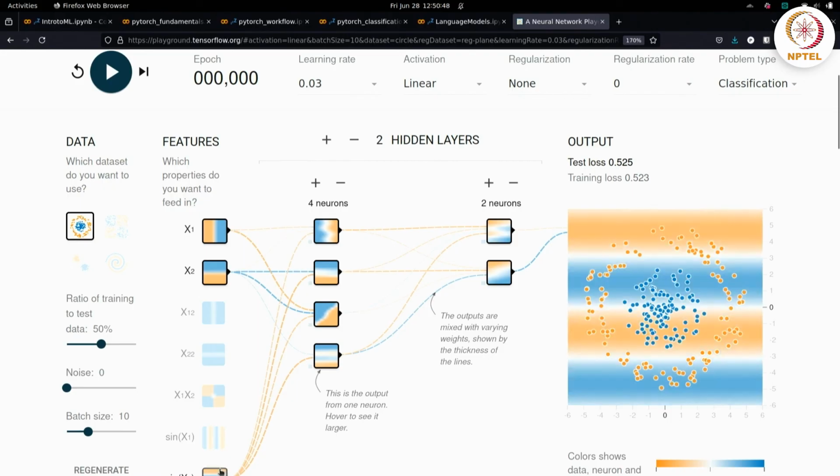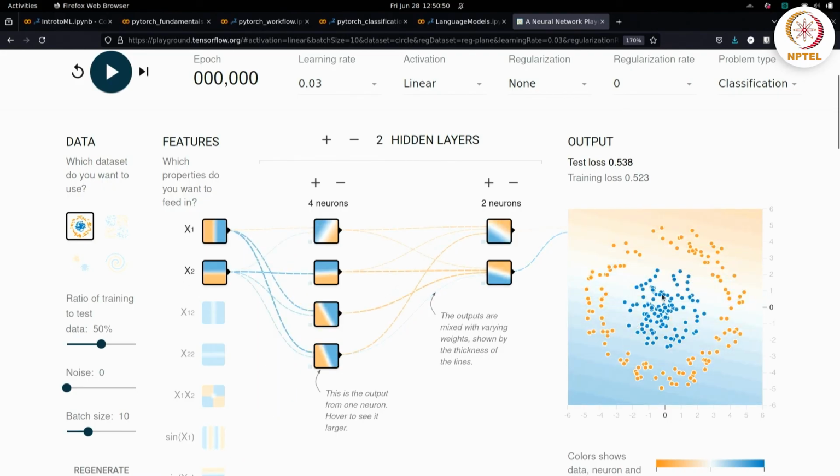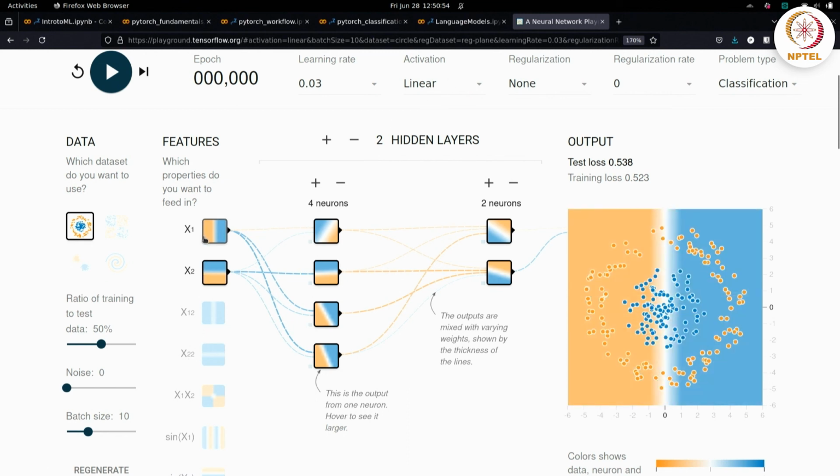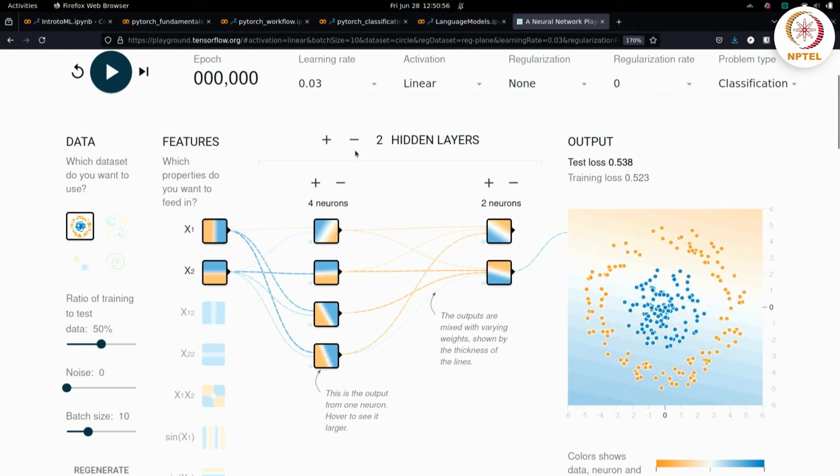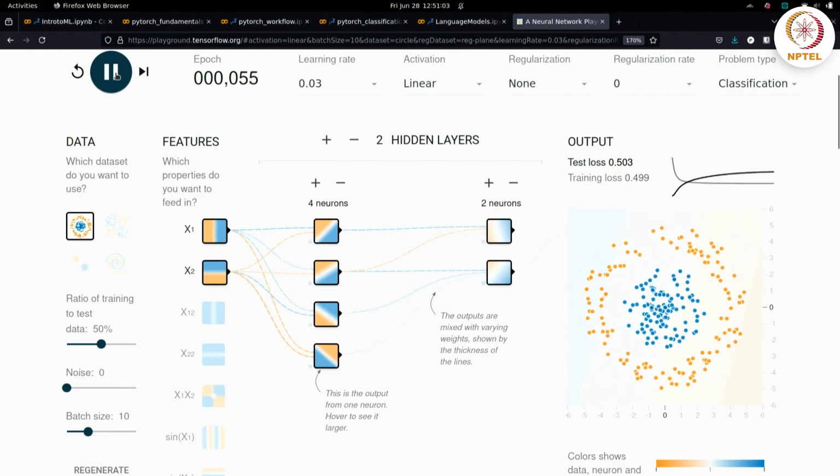So we are looking at a second example where the distribution of data is something like this. We are not introducing any non-linearity. The inputs are still x1 and x2, and there are no non-linearities in the whole network. And if I train this, you can see that all these decision boundaries, although the color gradation is still linear, there are no non-linearities coming here, right?